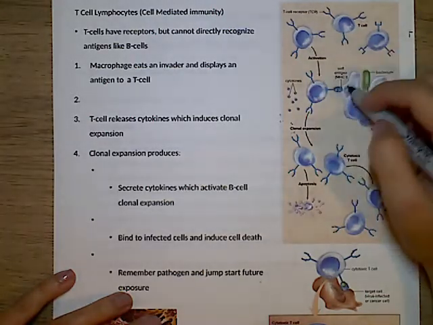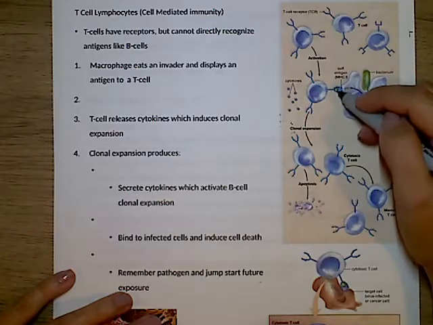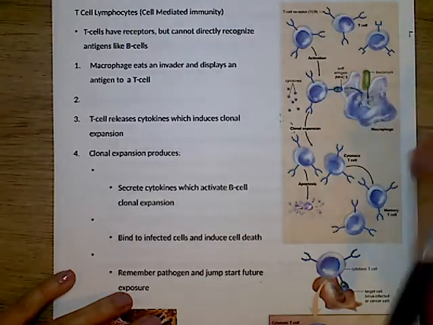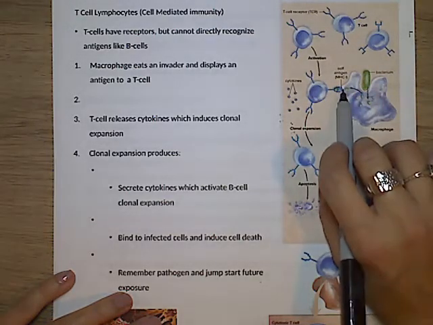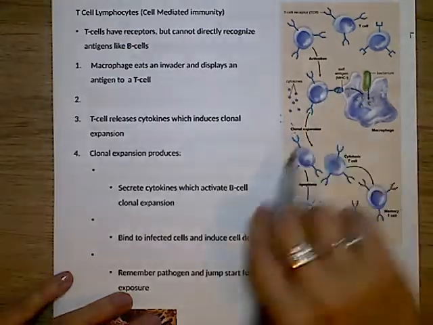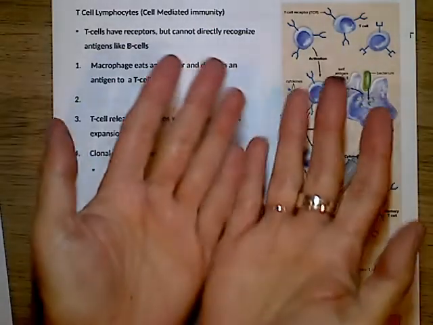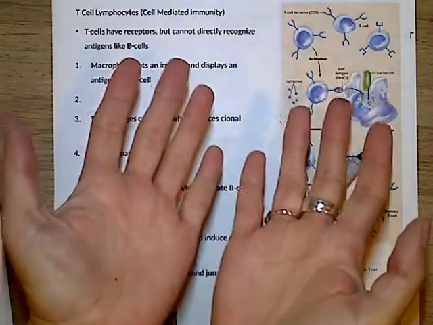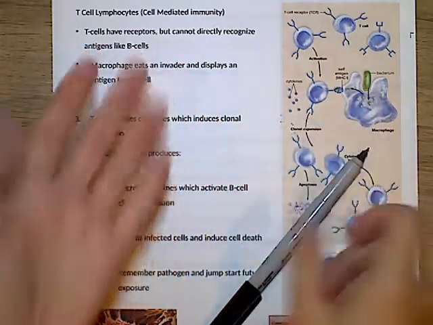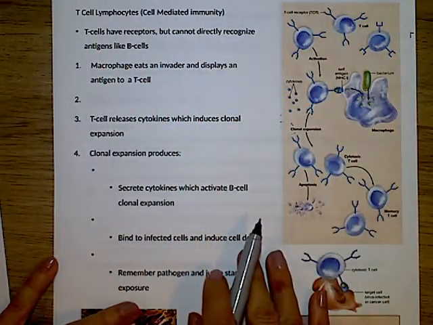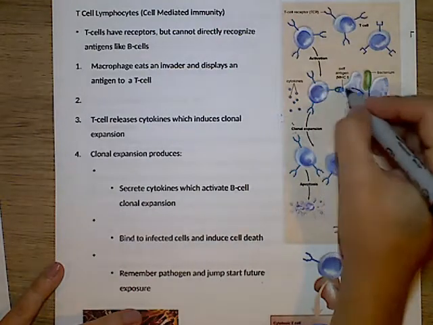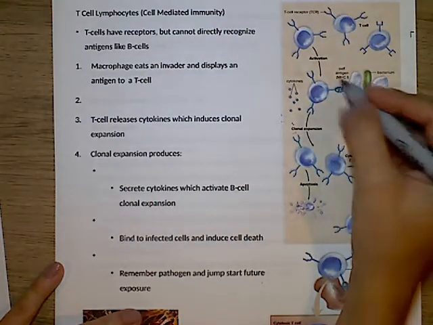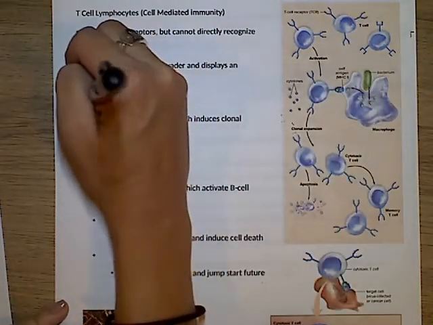So these are all T cells. And this one is one that matches up. So he displays it to the T cell. Think of the T cell as being like the king and the macrophage is like the servant. And he's like, here you are, sir. Here is your antigen. And so what that is going to do, the T cell will bind to that antigen if the receptors match.